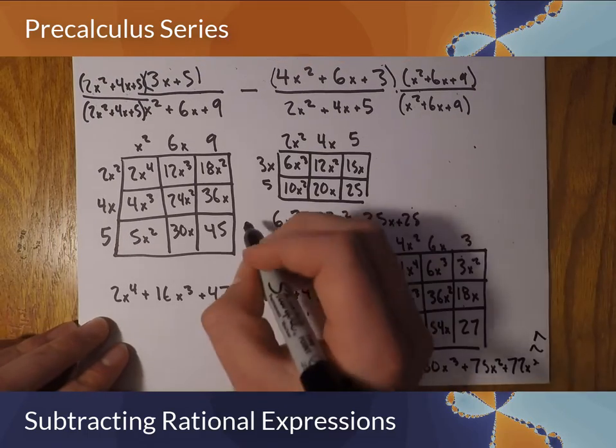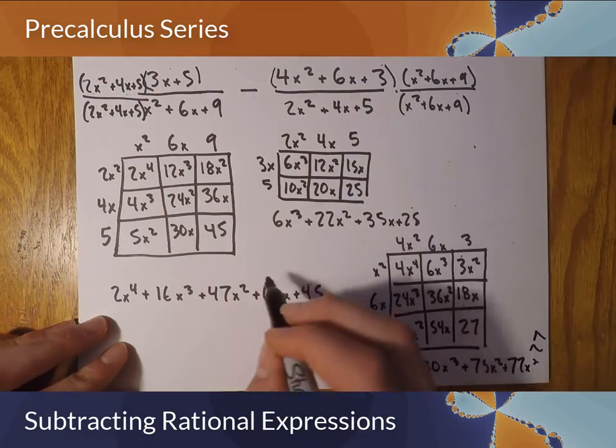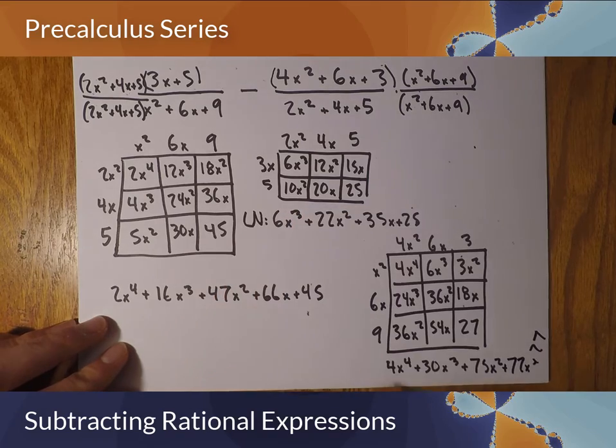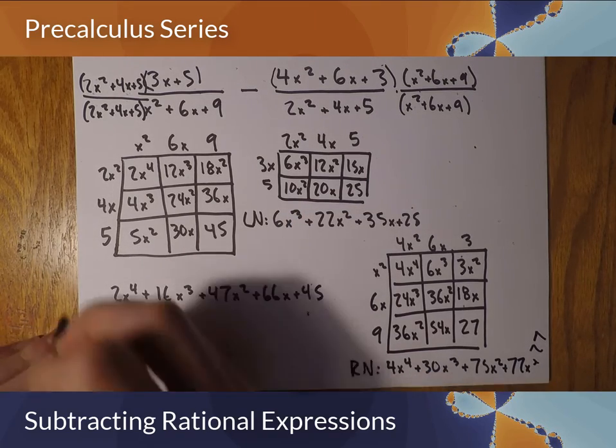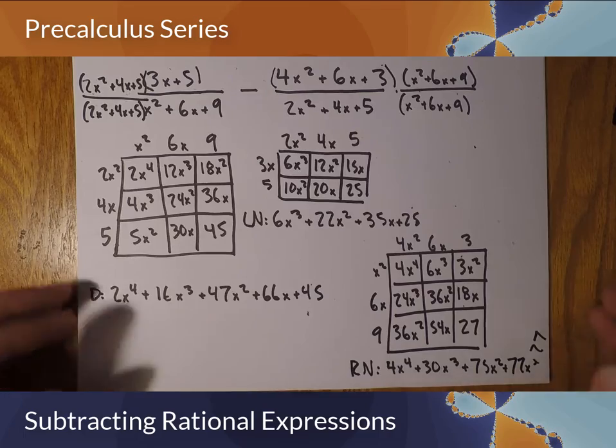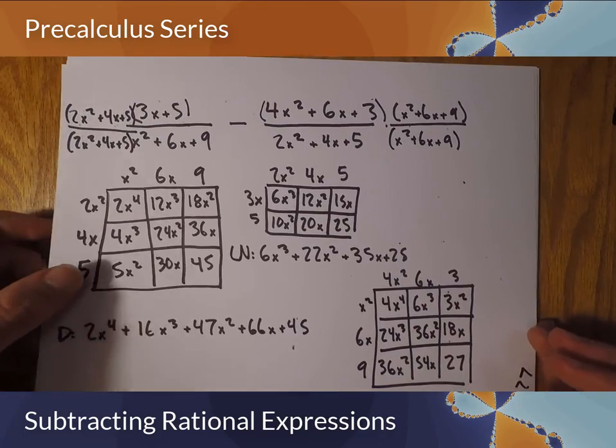So now writing this all out, this is the numerator on the left, so I'm just writing L. This is the right numerator, and this is the denominator. I'm going to rewrite this problem on a new piece of paper.